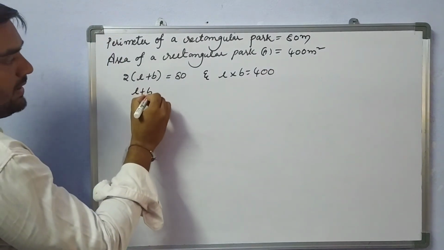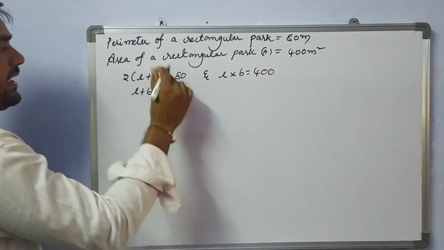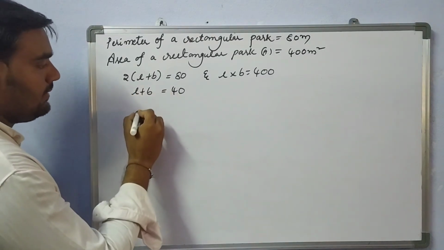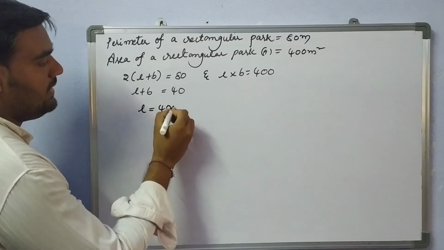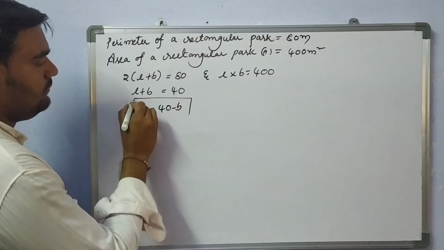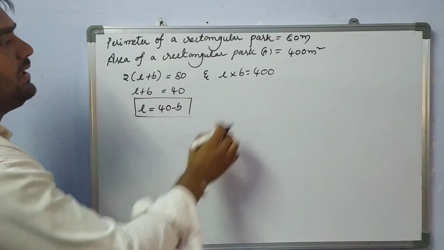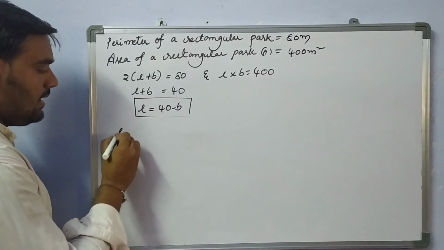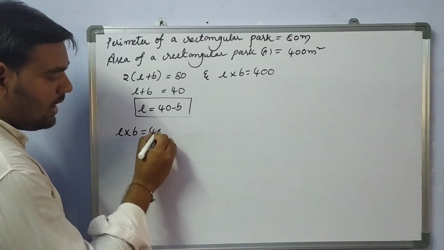So L plus B is equal to 80 by 2, which is 40. Then L is equal to 40 minus B. We substitute this 40 minus B in the area, length into breadth. Here L into B is equal to 400.